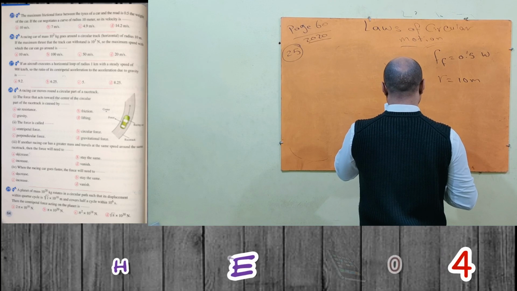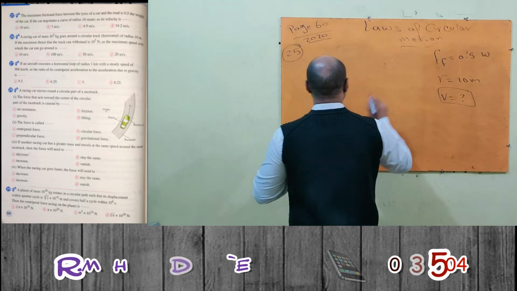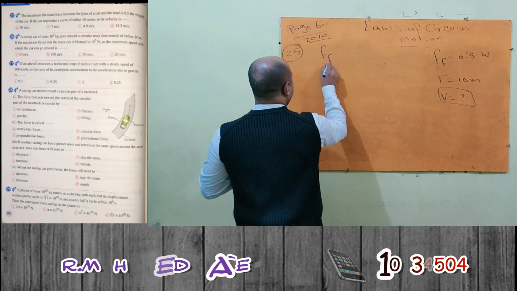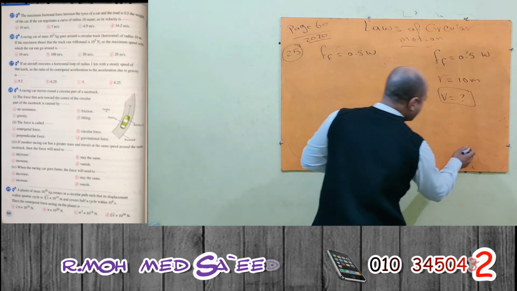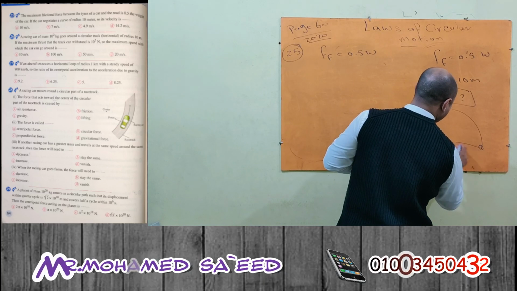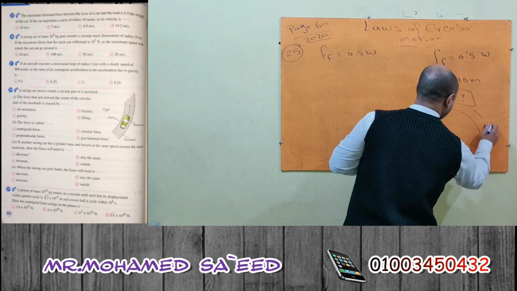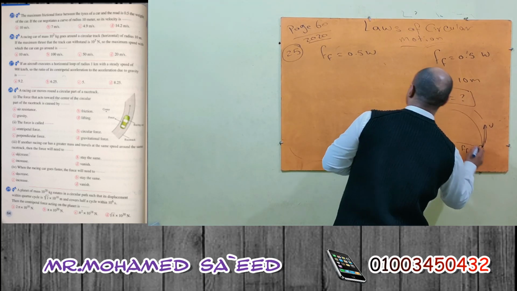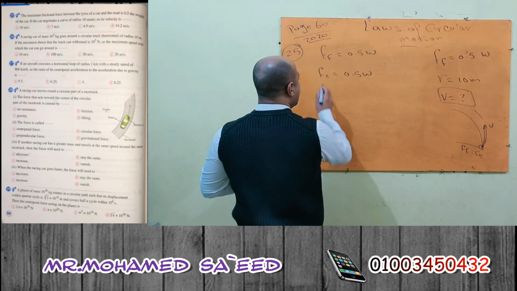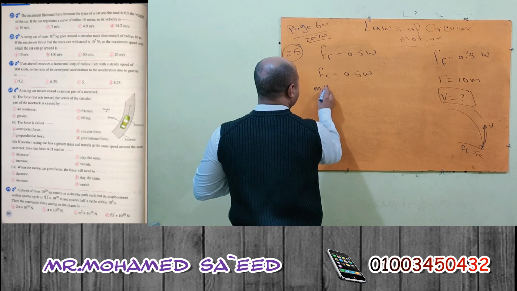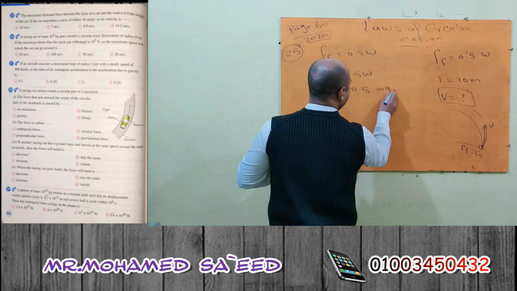So its velocity is v equals what? We have the information that f equals 0.5 its weight. In this case, friction force acts as centripetal force. So f equals fc equals 0.5 weight. Fc equals mv squared over r equals 0.5 times the weight, which equals mg. The mass of the object cancels with mass.